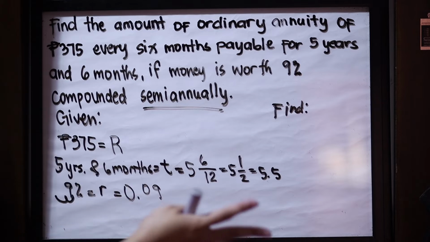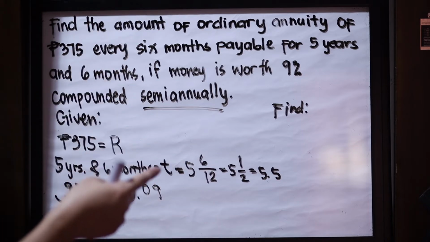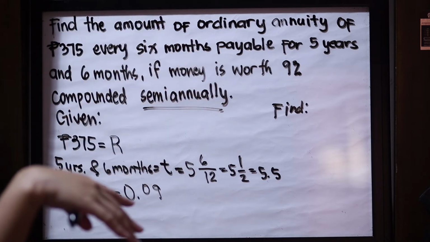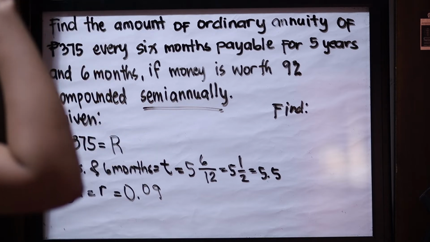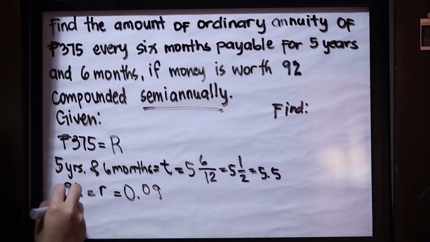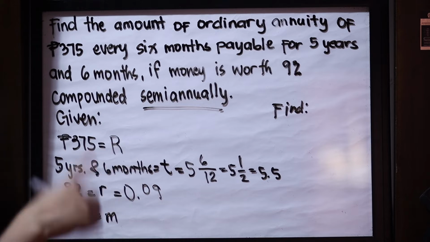So pag hinati mo siya equally, edi ilan ba yung hati ng 12 divided by 2? So the answer is 6. So tag dito yung 12 hahatiin mo sa dalawa, kumbaga yung semi-annually, i-divide mo siya ng dalawa. So, dahil dinidivide mo siya ng dalawa, yung semi-annually is equivalent to 2. And 2 is our compounding period per year.